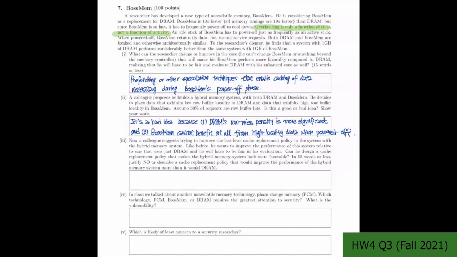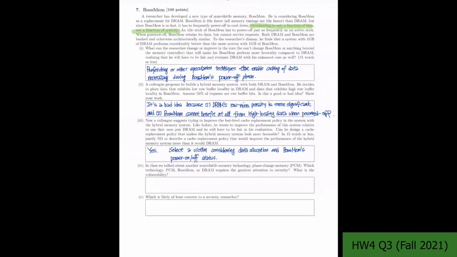So a possible answer is yes, and the cache replacement policy should select a victim considering the data allocation, meaning where the victim is currently stored, and the BossMem's power on or off status, right? Okay.